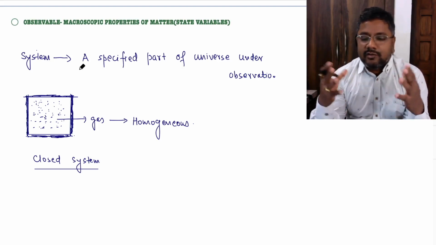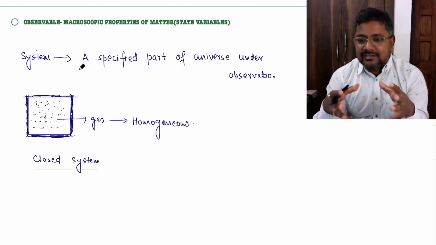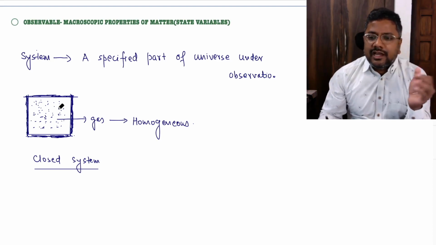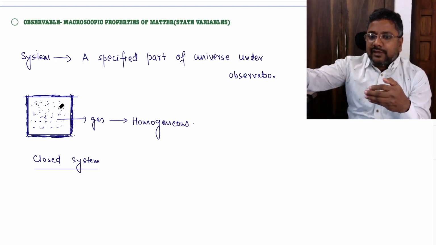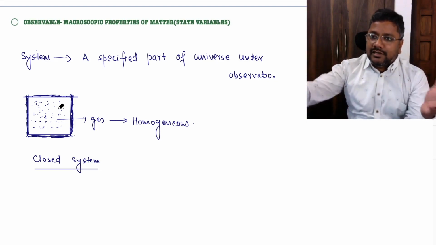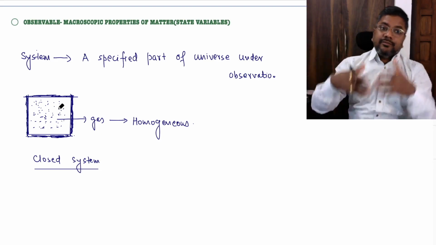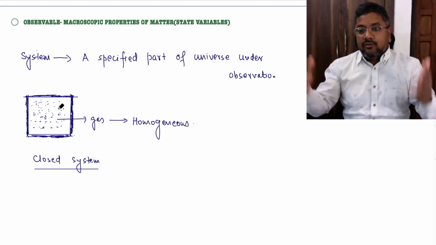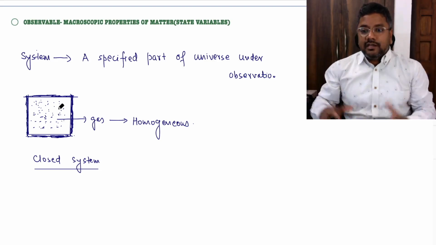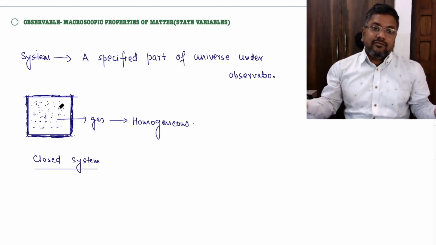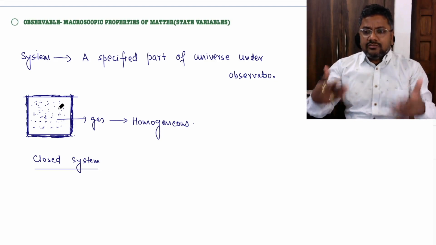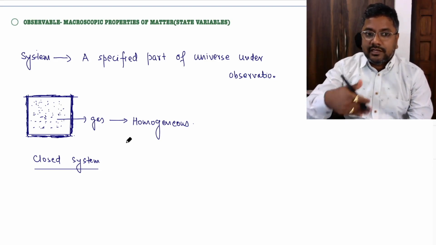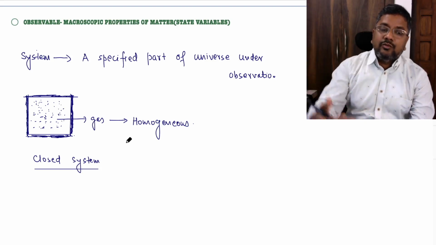When you are talking about Boyle's law, you are going to apply it in this region, and then slowly you can expand your understanding: if it is applicable in this system, then what about an open system, or another kind of system? So try to think about the system at which you are going to apply your concept, right?